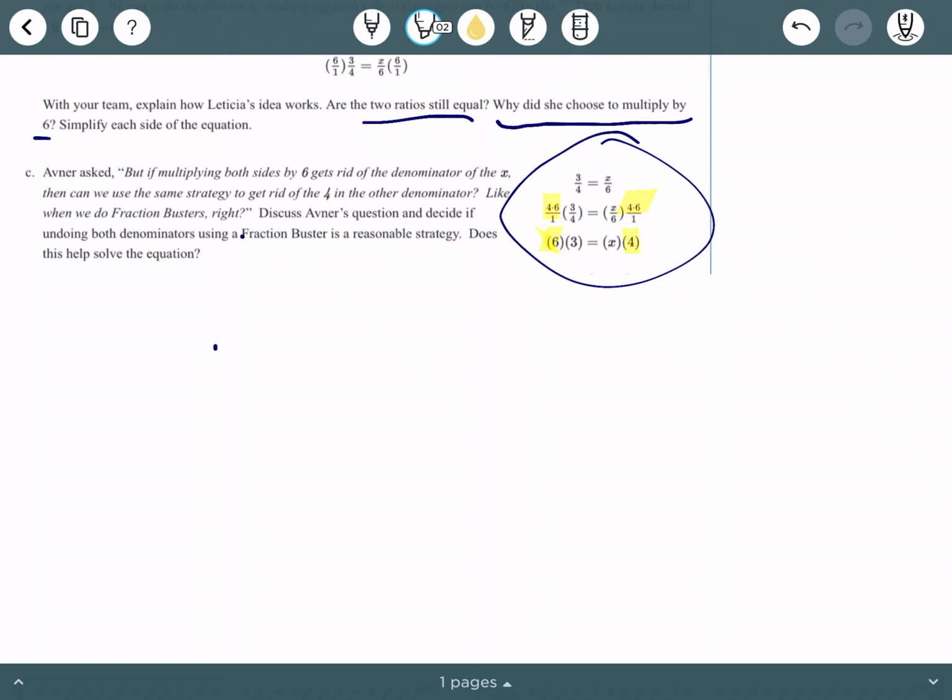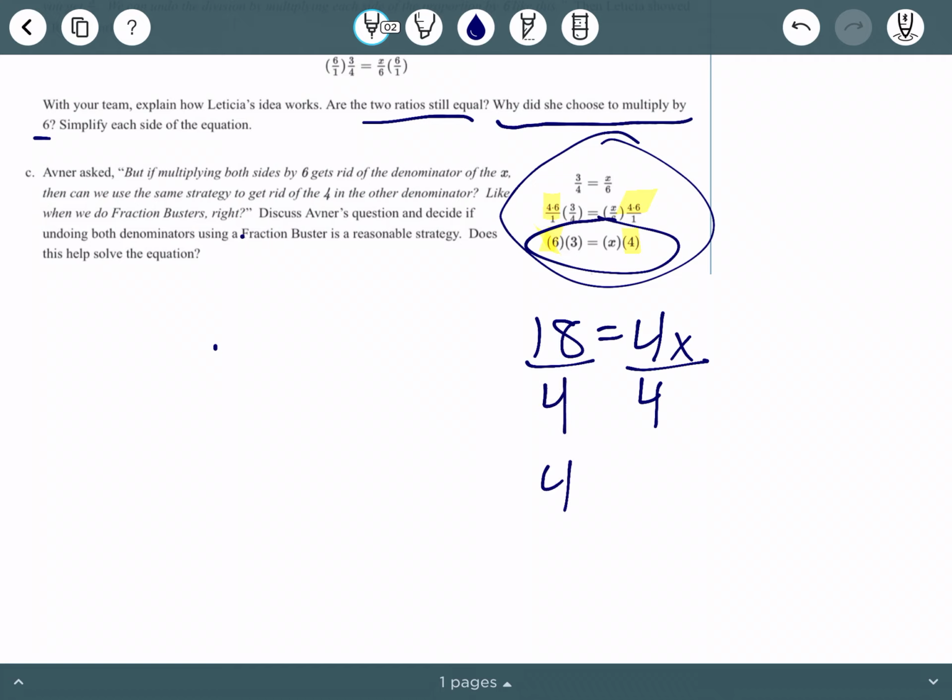So again, once he gets to this point, we would have 18 equals 4x. And if we divide by 4 on each side, we still get that 4.5 equals x.